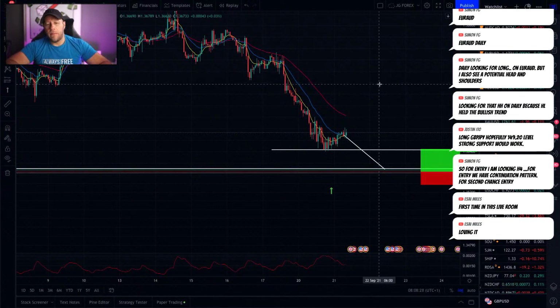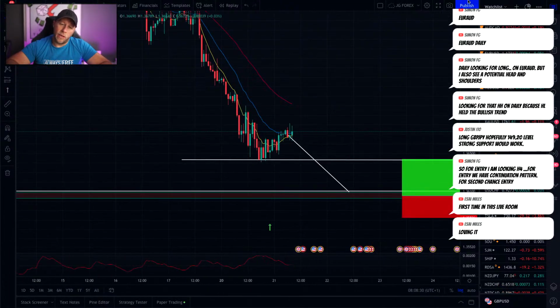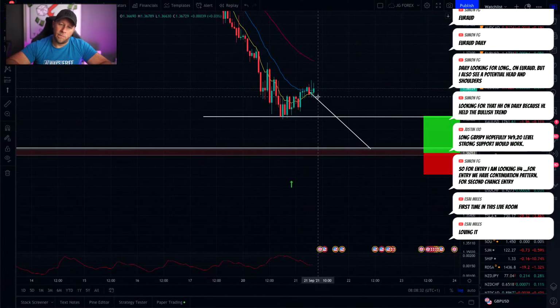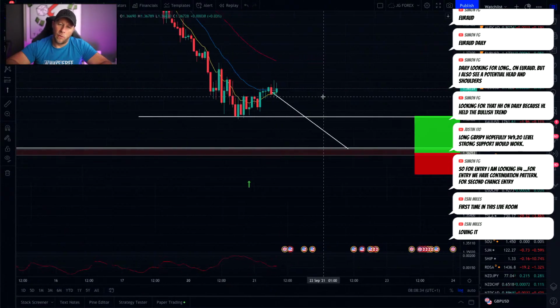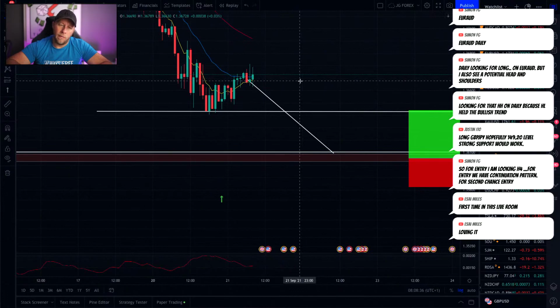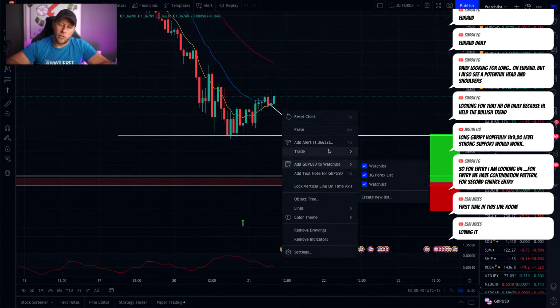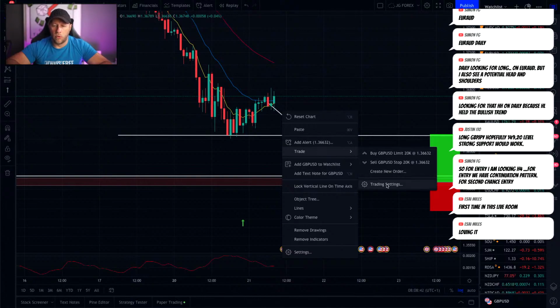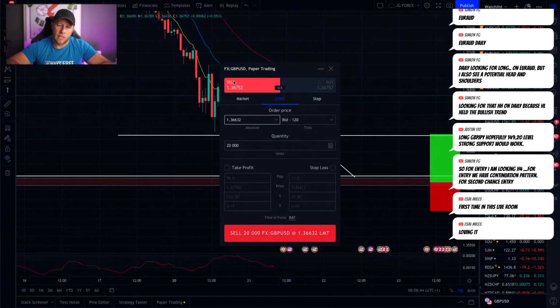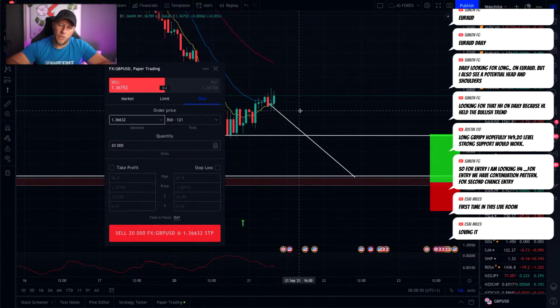Adam says FTB short down to structure. So the other way we could get involved is the FTB. Look, we've got an FTB signal right here. Those of you familiar with the FTB, you would be setting a sell stop order in here: create new order, sell stop order, and you would set that just below this low, 136.63.